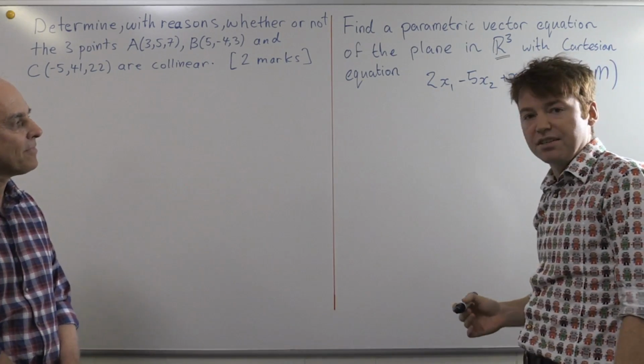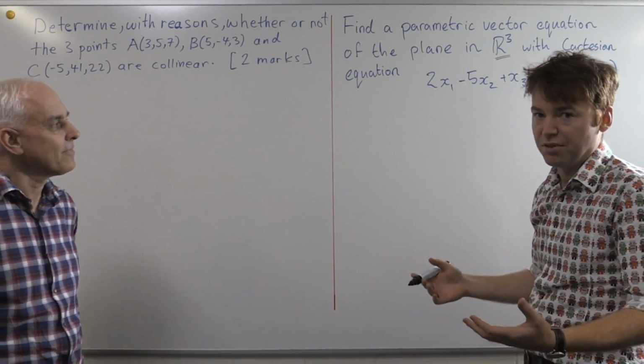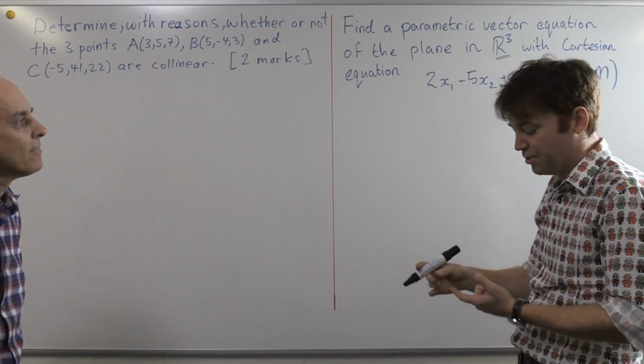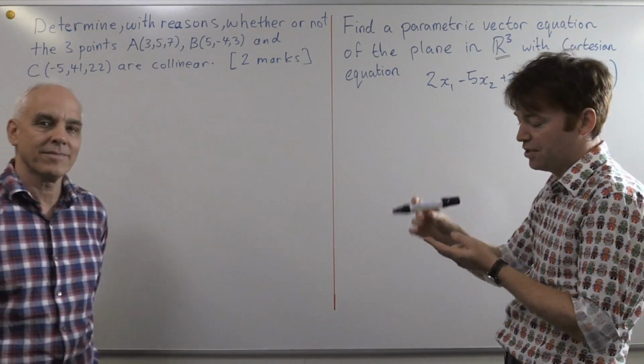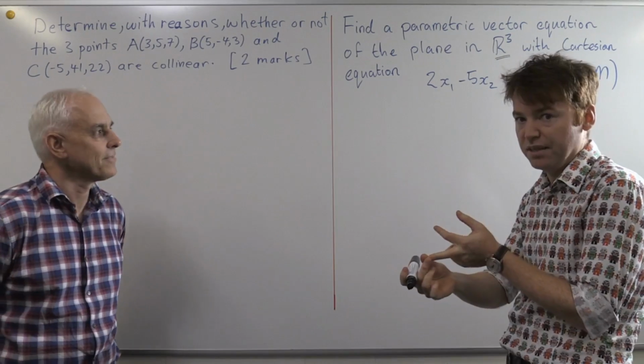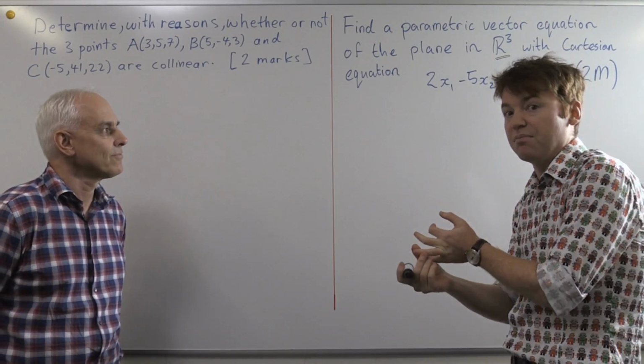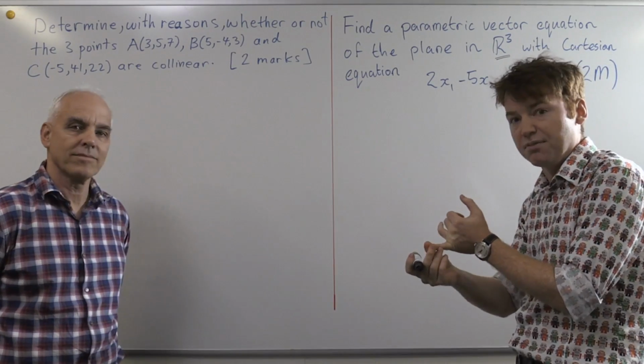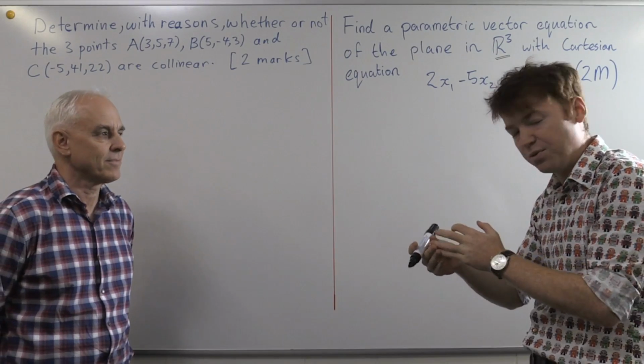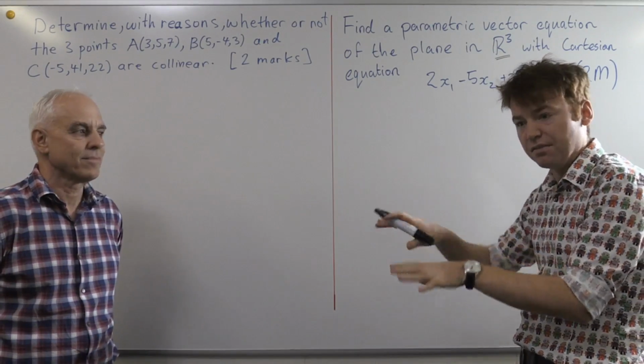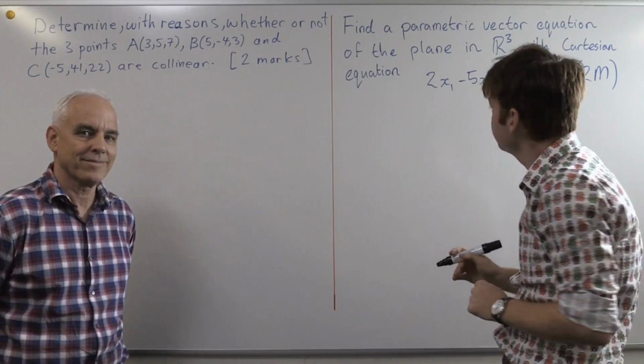This here is the Cartesian equation of a plane, and we're asked to convert it into parametric vector form. You might recall that is vector x equals the coordinate vector for some point on the plane, plus lambda times some other vector, plus mu times some third vector. And those two last vectors specify the orientation of the plane, if you like.